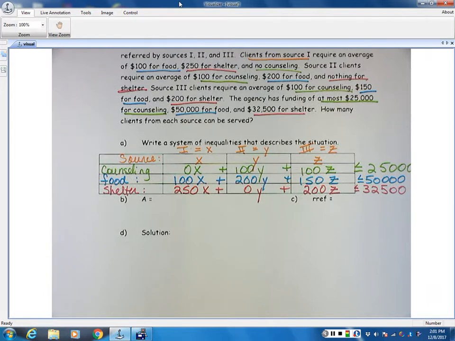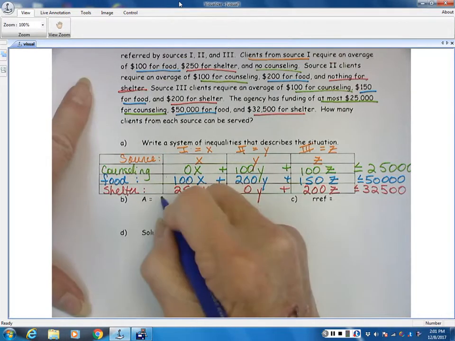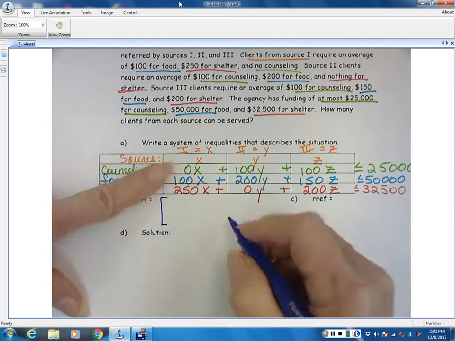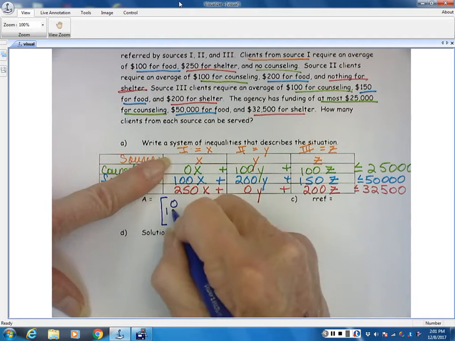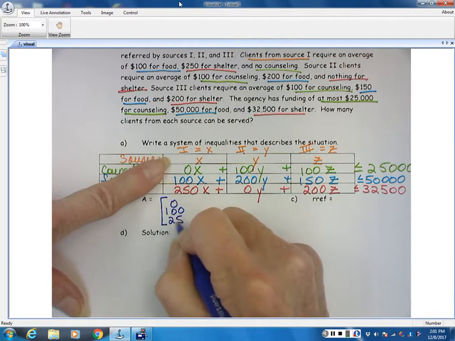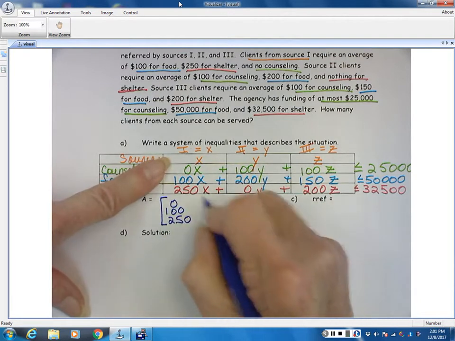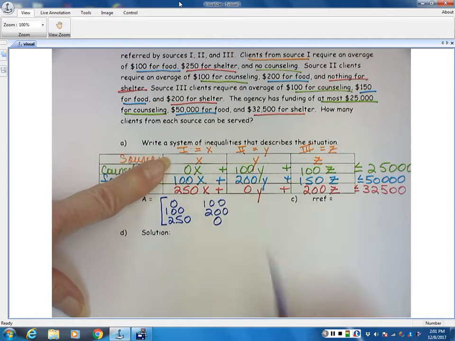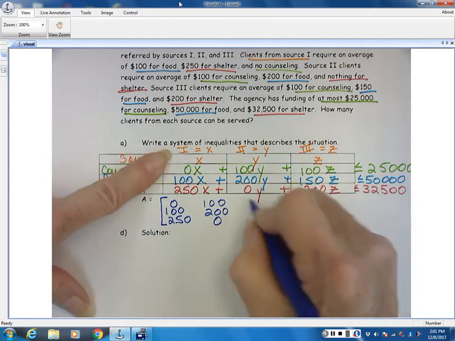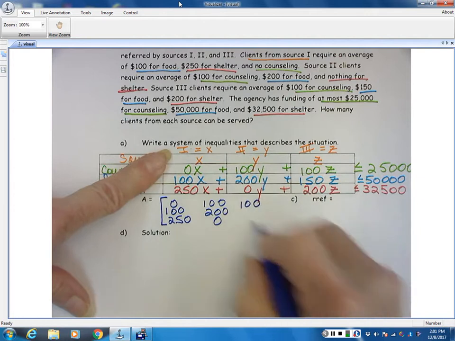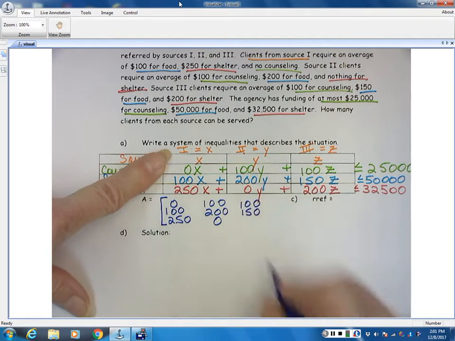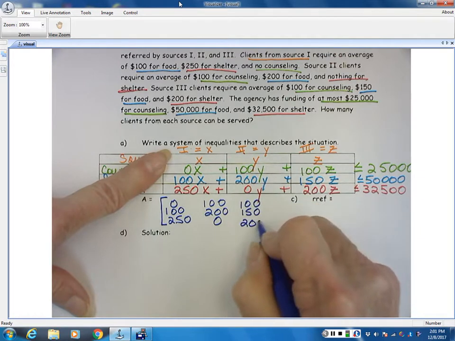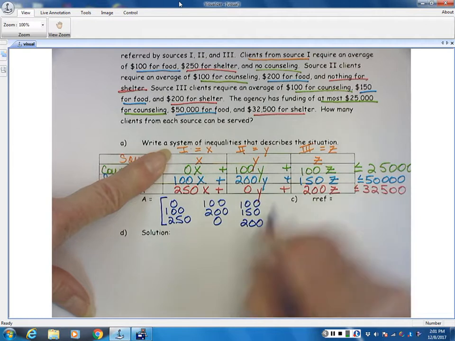So that tells us that this is what our matrix A is going to look like, because that's our system of inequalities. So matrix A is going to be 0, 100, 250 for the first row, 100, 200, 0 for the second row, 100, 150, 200 for the third row, and then the third column.